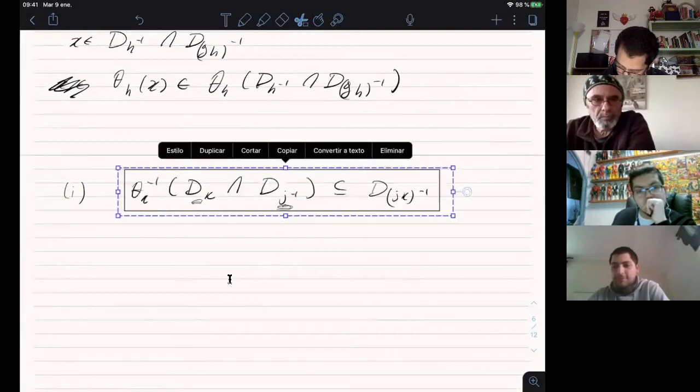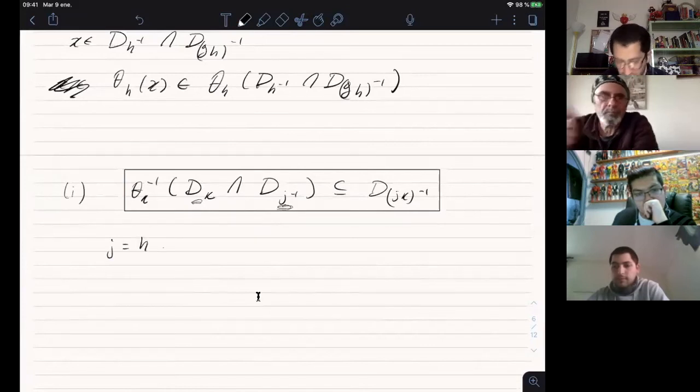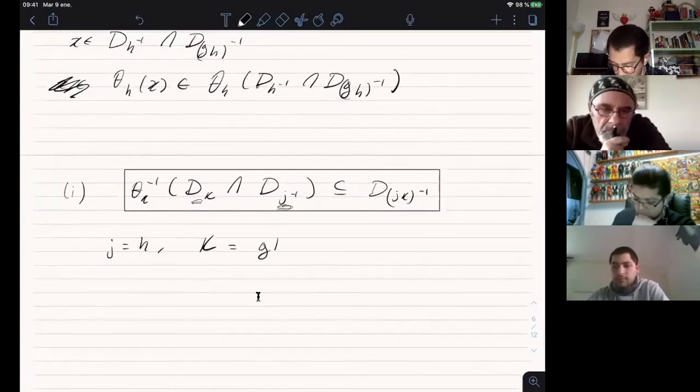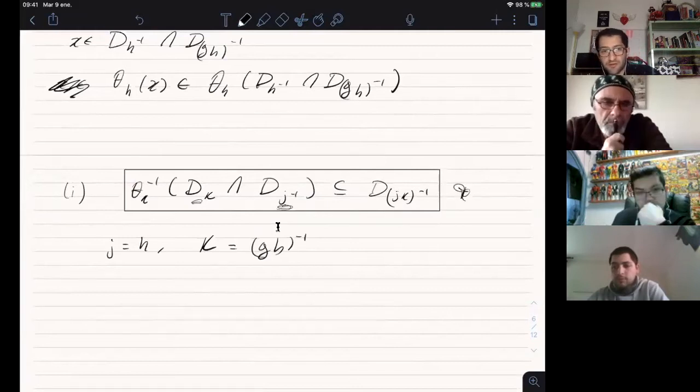We have this condition, and what we do here is we take j equal to h, k equal to gh minus 1. Let's remember this condition here is just what happened when we try to compute the domain of the composition.